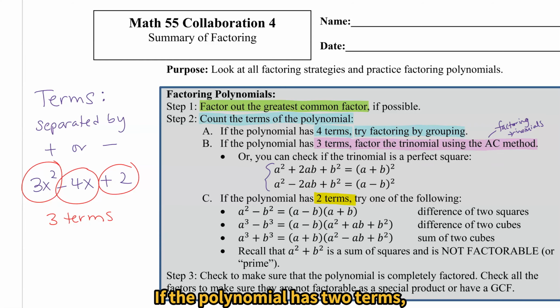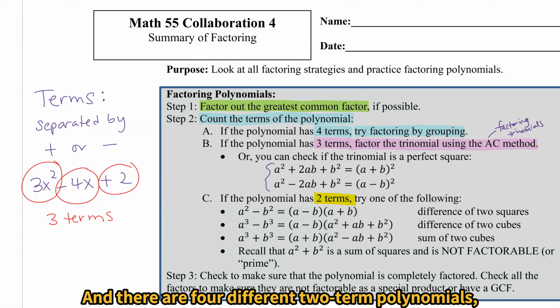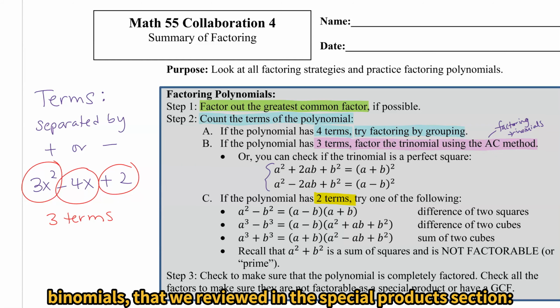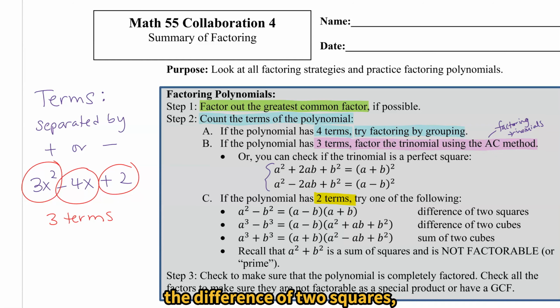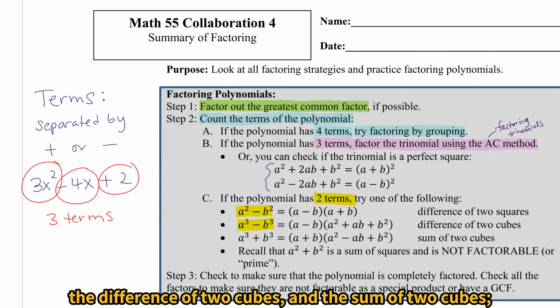If the polynomial has 2 terms, then we likely have a special product. There are 4 different 2-term polynomials, binomials, that we reviewed in the special products chapter: the difference of 2 squares, the difference of 2 cubes, and the sum of 2 cubes.